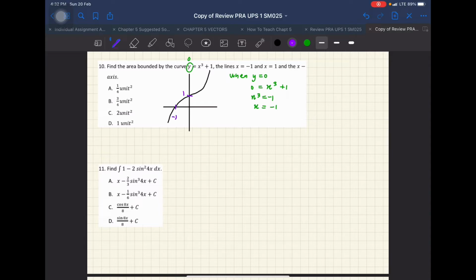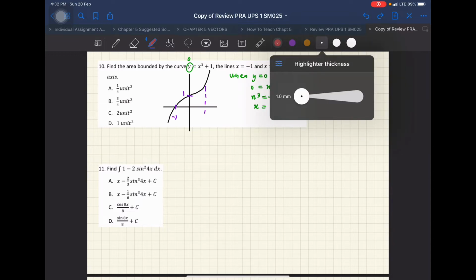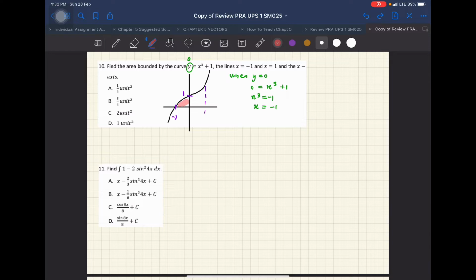Okay, so soalan minta kita cari dia punya area from negative 1 until 1. Okay, so from negative 1 kita dah tanda kat situ. And then positive 1 is somewhere here. So area yang kita nak cari sebenarnya adalah yang ini. Okay, kejap, kecil sangat. Okay, so here. This is the area that we want to find.